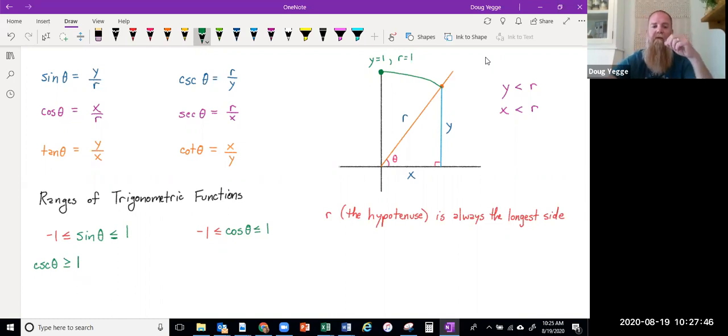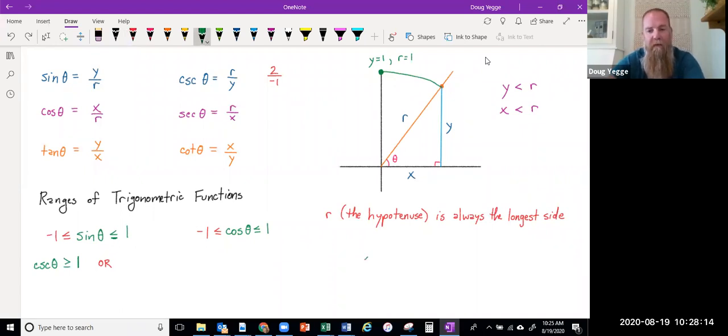But keep in mind that if it was negative, there could be another option as well. If y happened to be negative, now I might have something like 2 over -1, which would mean the cosecant of theta is -2. -2 is not bigger than 1. So it has to be everything other than what sine theta is.